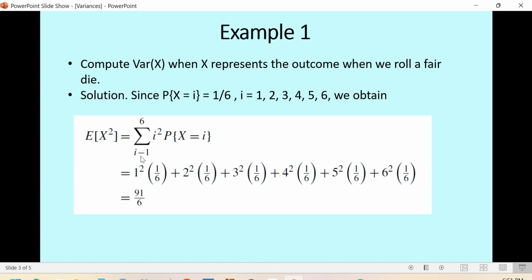Here i goes from 1 to 6. So we get 1 squared times 1/6, plus 2 squared times 1/6, and so on. Finally we get 91 divided by 6. This is the expectation of X squared.